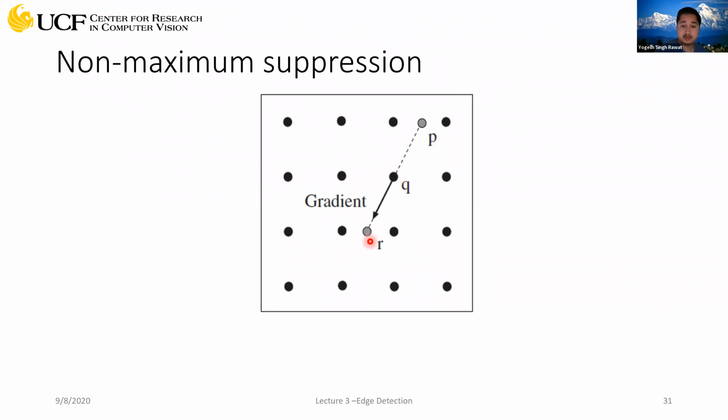Otherwise, if the magnitude of the gradients is greater in either R or P, we'll just make it 0, because then we will say that the actual edge is at that location, not at this location. Okay.